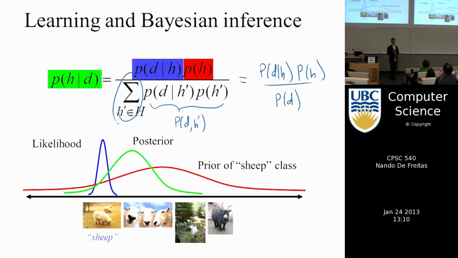For a great many problems, that sum is actually combinatorial, the equivalent of NP hard, or it happens to be a continuous integral that we do not know how to solve, and often it's an integral in high dimensions. For example, when I write this, it is actually the integral over the vector y.